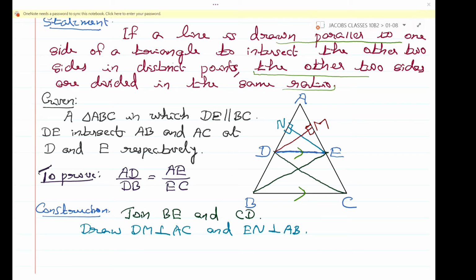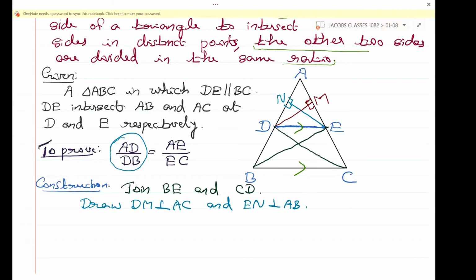Like this, four triangles we are going to take, and we will use their proportionality. Because we want to get AD by DB, you can remember like this. First of all, we have to take the triangles with AD and DB as the bases. So the triangle is ADE with AD as the base. So see the proof.